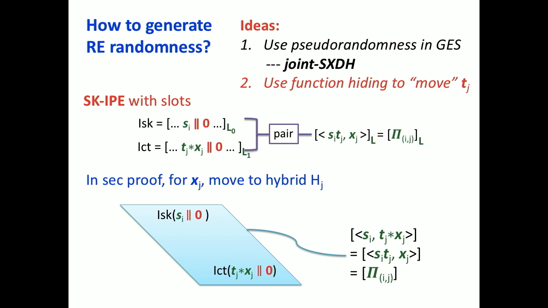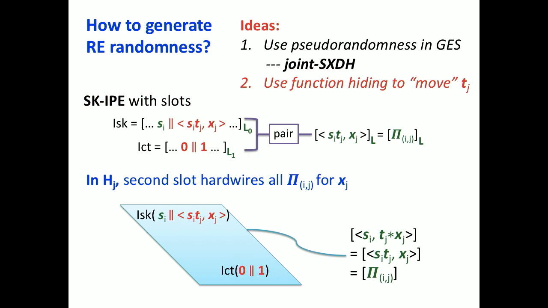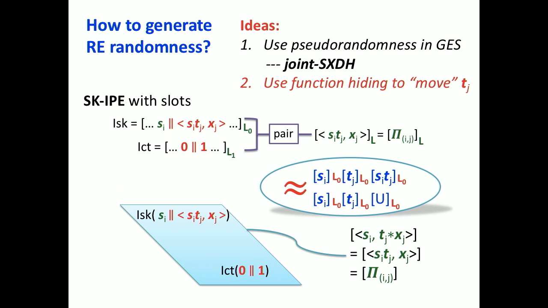If you look at the before and after, they produce identical outputs. And therefore, by the function hiding property, these two versions of secret key and ciphertext are indistinguishable. Now, great. If you look again, all those SIs, TJs, SITJ products are all in the same label.